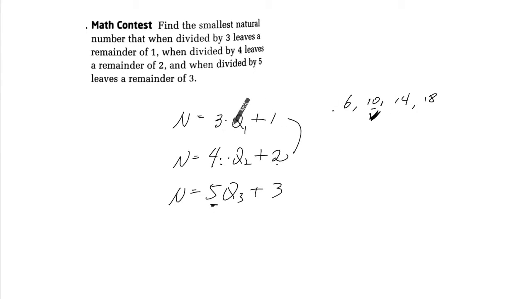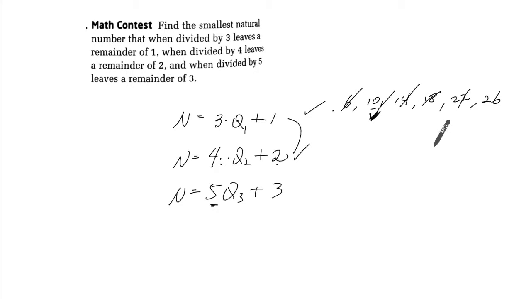What about 14? If you divide by 3, you get a remainder of 2, so that doesn't work. 18 divided by 3 is a multiple of 3, so that won't work either. So add 4 again: 22. It works with this, but it doesn't work with this.